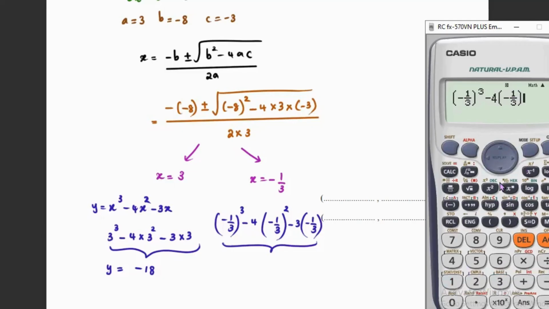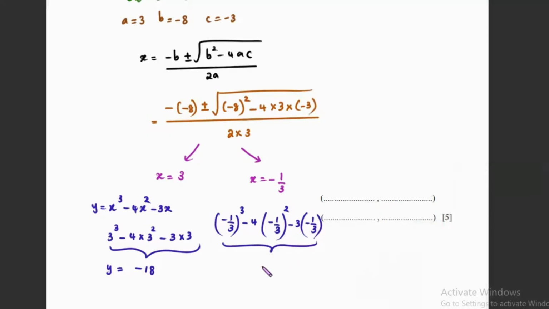Close the bracket. Squared. Minus 3 times minus 1/3 is what I have. Close the brackets, and the answer is 14/27.